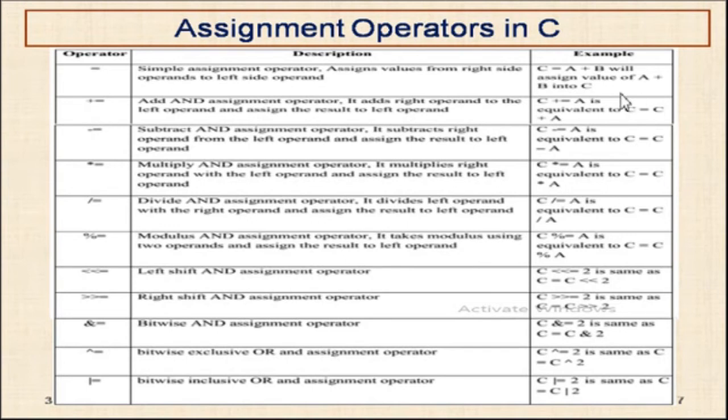So instead of repeating the variable once more, we can go for the shorthand operator, as you can see here. See here, C divide equal to A means what? C is equal to C divided by A. The same phenomenon applies for all other operators.